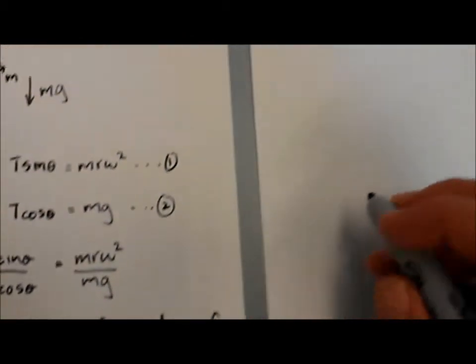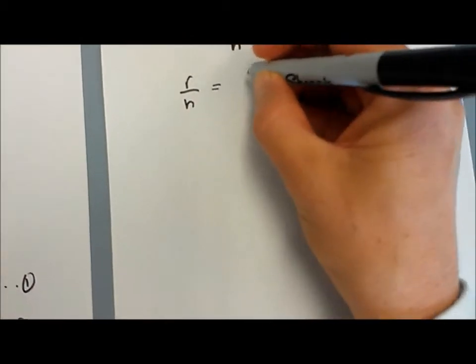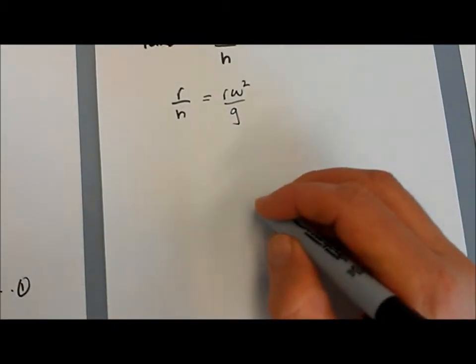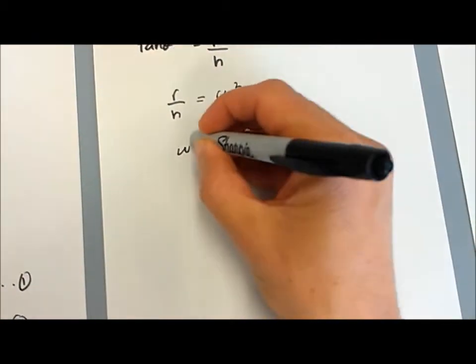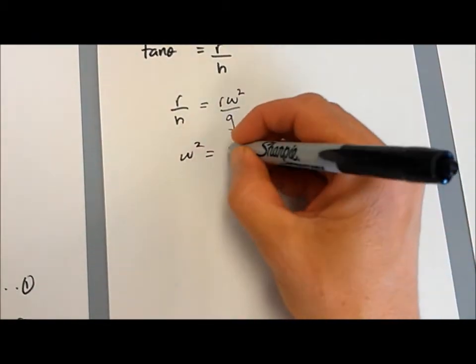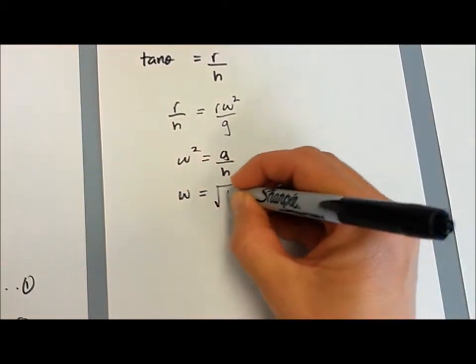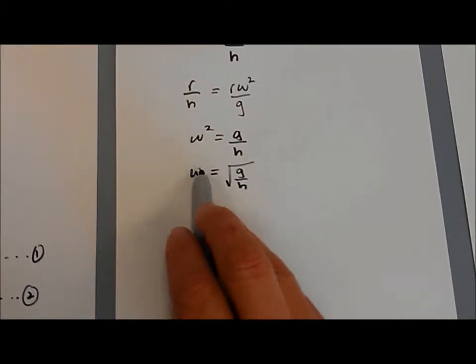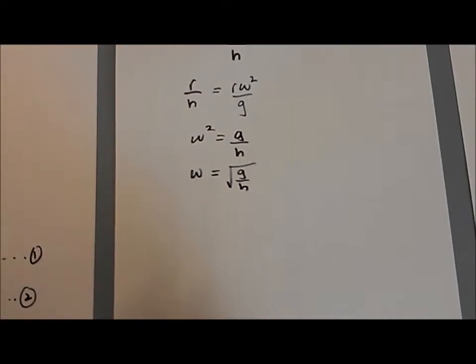So now I can get formulas relating this. r on h is equal to r omega squared on g, and if I get rid of the r's and bring the g across, I get omega squared is equal to g on h, or omega must be equal to the square root of g on h. So I have a relationship between the angular velocity, gravity, and the height.